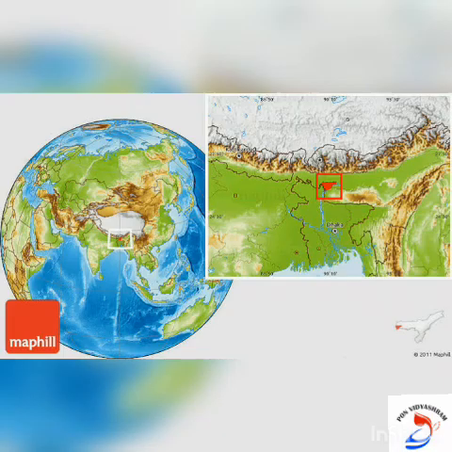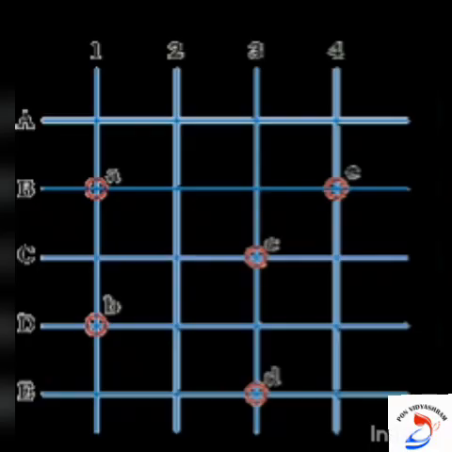So to understand this clearly, take a paper and draw vertical and horizontal lines at equal distance. Label the vertical rows with numbers and horizontal rows with letters.